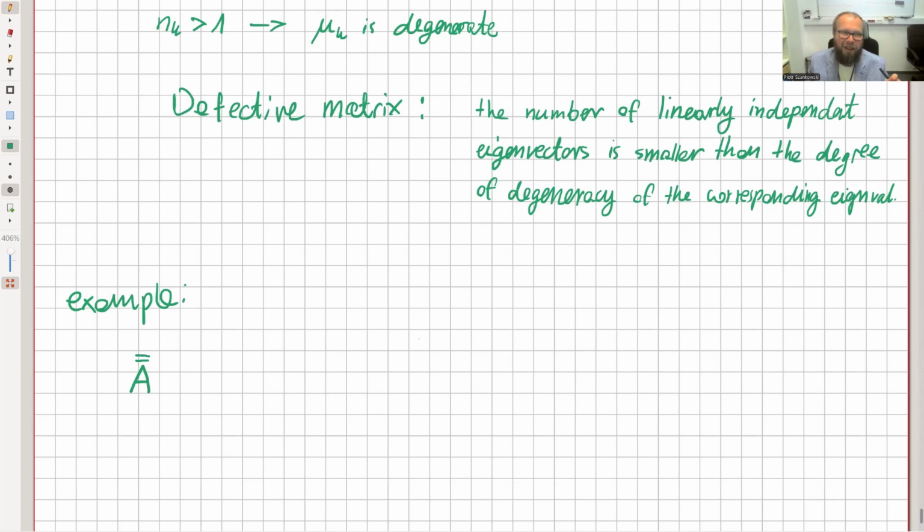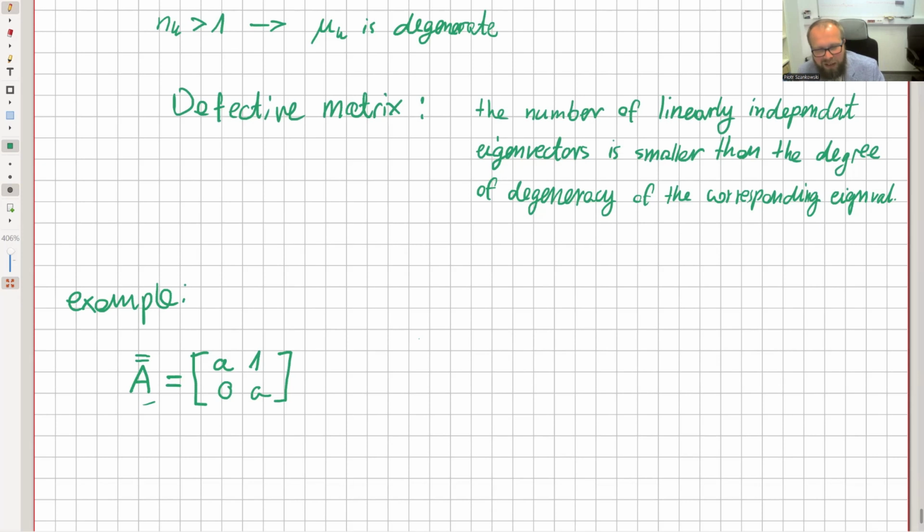A vector is like one arrow, so a matrix would be two arrows, but that would look awkward, so just two bars. Think of this as boldface. So let's take matrix A, which is 2 by 2, with some coefficient a on the diagonal, 0 here and 1 here. Seems very simple, but it turns out this is a defective matrix, which you can easily show.